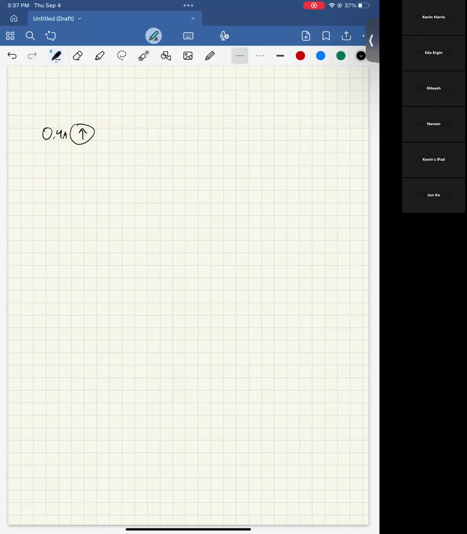Let's say this is 0.4 amps. This is 4 ohms. This is 2 ohms. This is V1 over 5.